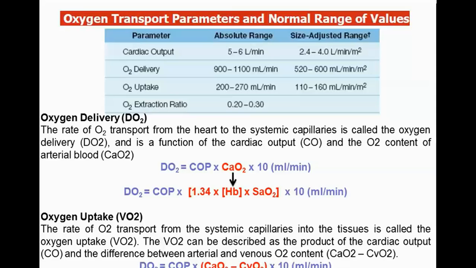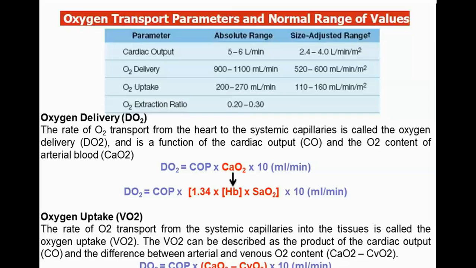What's the oxygen delivery? The oxygen delivery is the amount of oxygen delivered to the tissues. How does the oxygen delivery differ from the oxygen content? The oxygen content is per fixed amount of blood: a deciliter of blood, 1 liter of blood, 5 liters of blood.